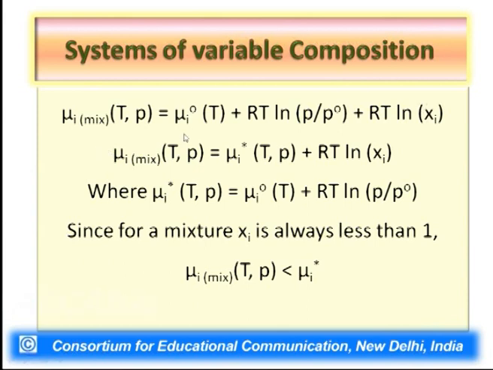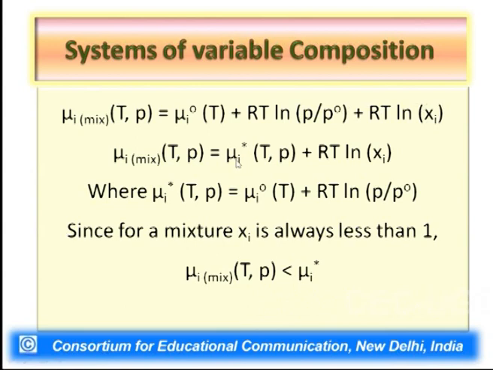So with such a value, it shows that the second term RT ln Xi in the expression mu i mix T, P equal to mu i star T, P plus RT ln Xi, where Xi is always less than 1. Therefore log of anything less than 1 is always a negative quantity. So RT ln Xi is a negative quantity.